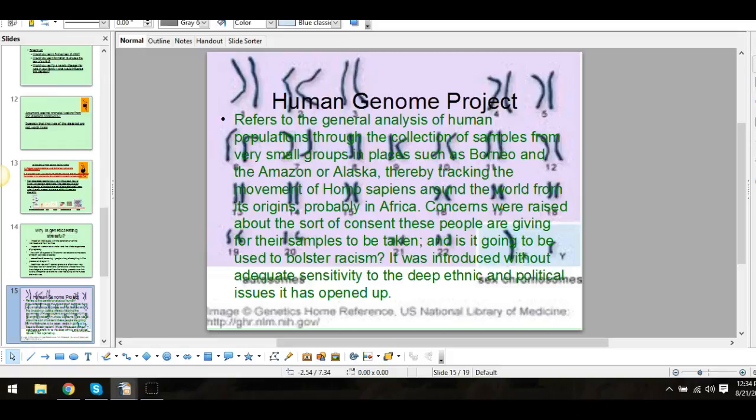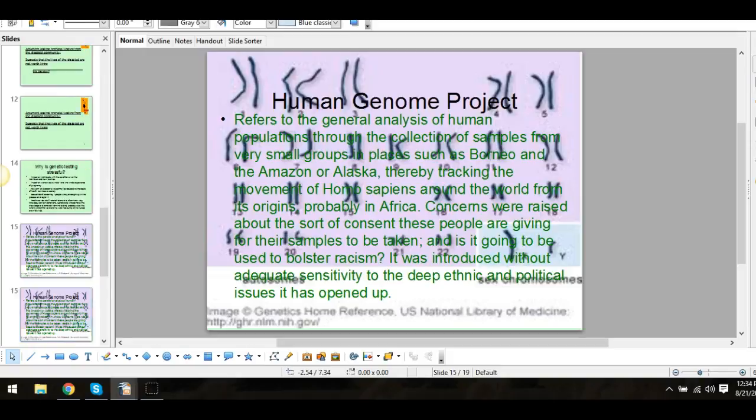Concerns were raised about the sort of consent these people are giving for their samples to be taken, and whether it is going to be used to bolster racism. The Human Genome Project was introduced without adequate sensitivity to the deep ethnic and political issues it has opened up. So we'll see what happens with that and how it develops and evolves.